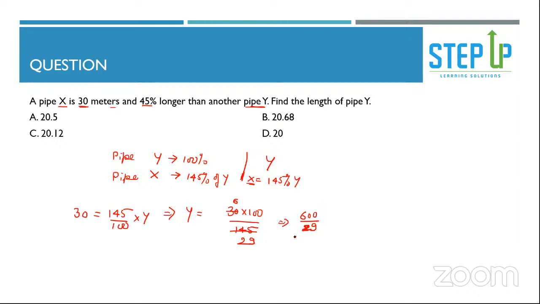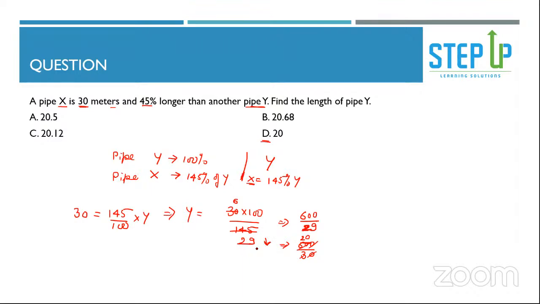Now, people, notice one thing here. If it were 600 by 30, your answer would have been 20. But this is not 30. This is slightly lesser than 30, right?